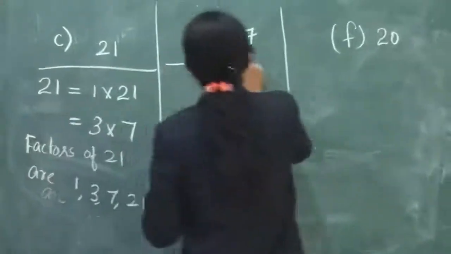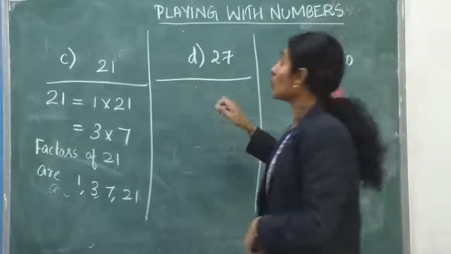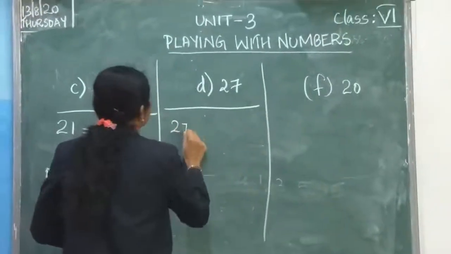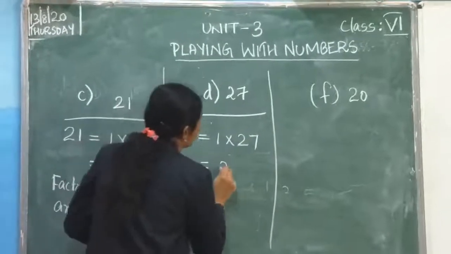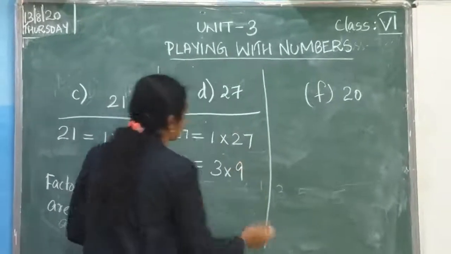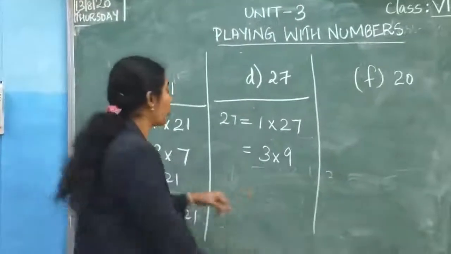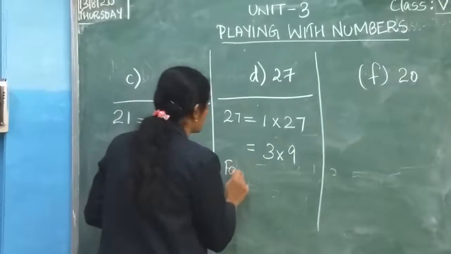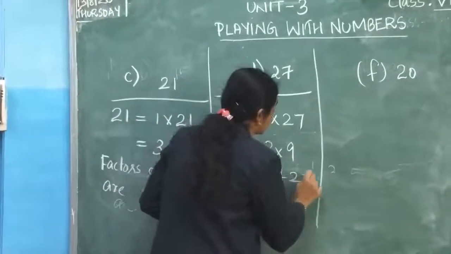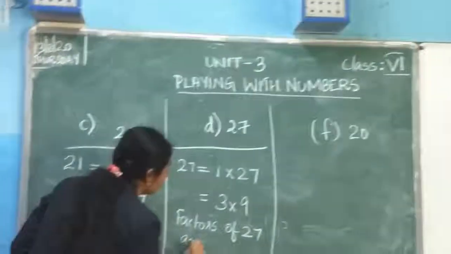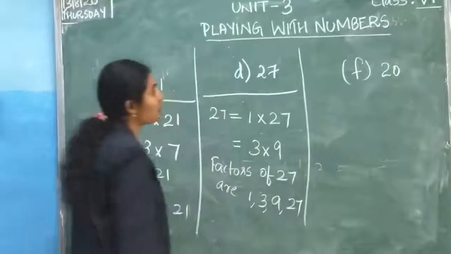Next, the fourth question, 27. 27 is 1 multiplied by 27 and 3 multiplied by 9. So the factors of 27 are 1, 3, 9, 27.